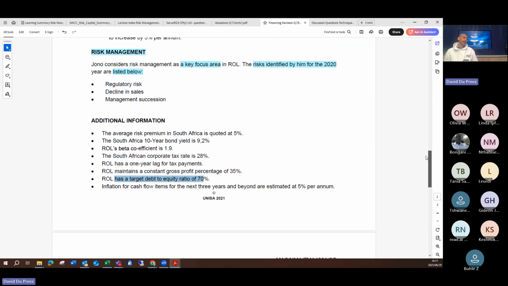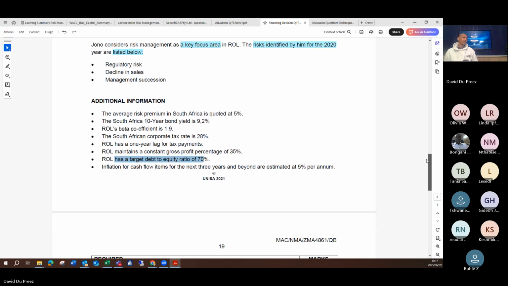Let's talk about that. Would you have used the 70% or the information above? 70%. I would have used the 70% considering how many marks were allocated for the work. It's 6 marks.